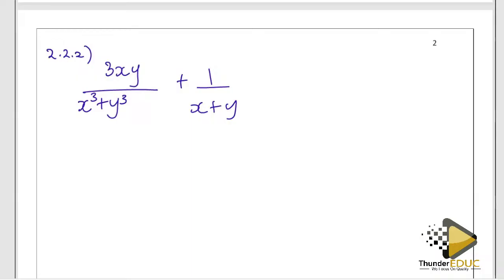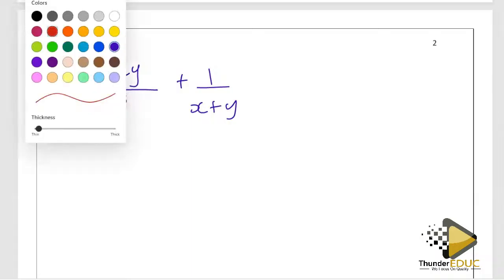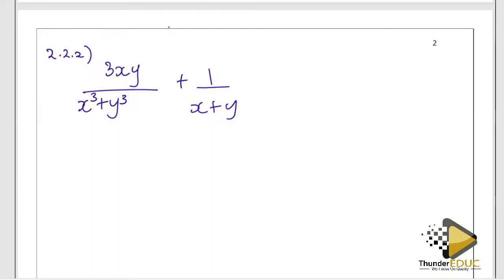Okay, since we have an addition, all we're going to do is find the LCD, but let me just do this very fast. I'm going to get this multiplied by this, and then this multiplied by the 1 over this entire thing.